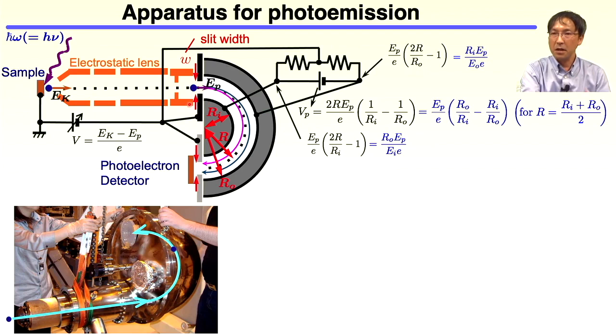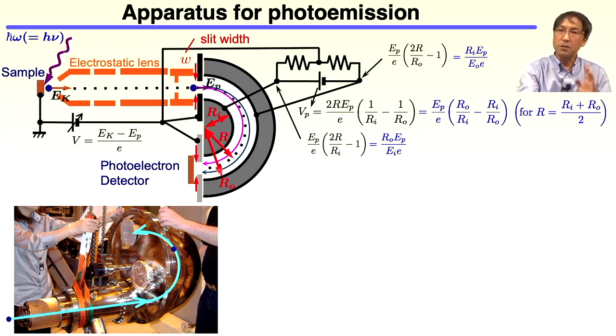For the deceleration, we apply the voltage in front of the entrance of the hemisphere by using this formula. Then the detected photoelectron travels to the end of the hemisphere, at which only the electrons with the kinetic energy equal to the pass energy arrive. Then such photoelectrons are detected.